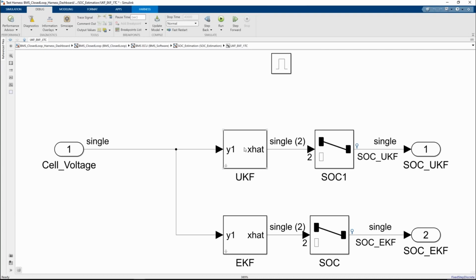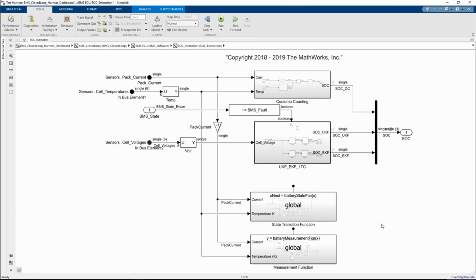The choice between UKF and EKF is typically made based on the severity of the system's nonlinearity. The Kalman filter algorithm has two parts, the state update and the measurement update. The state update predicts the current state based on the previous state value and the input, and the measurement update corrects this prediction using newly acquired data.